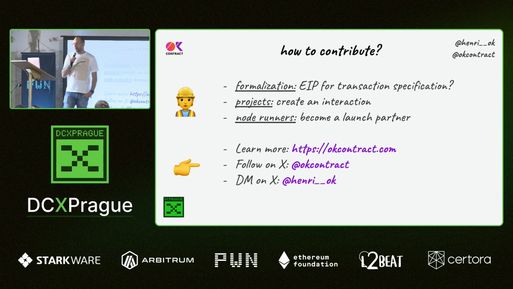So that will be the last slide, and how to contribute. There are several things that we can discuss as well. One is formalization. So right now we are considering writing an EIP for the transaction specification, so mostly for the functional programming language Lambda script and the definitions of the standard libraries that we put in it.